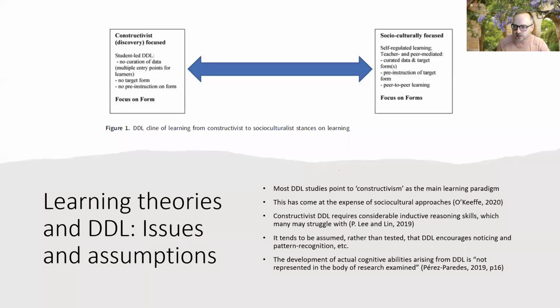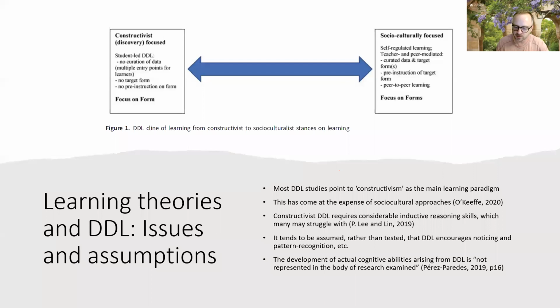The link between DDL and noticing is often positioned together with theories of usage-based learning, with DDL helping learners to internalize statistical information about language in use in the form of frequency and collocation information from corpus data.